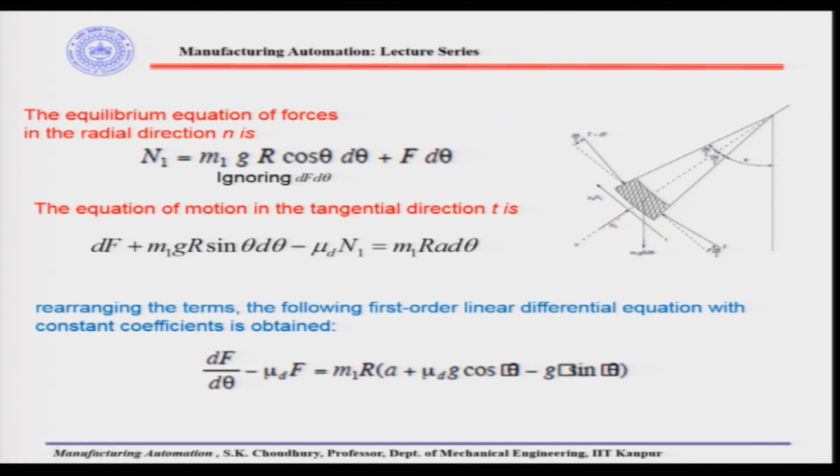So, along the direction of n, this will be cos theta, and vertical to the n will be the sin theta, which will be coming when we take it in this direction.